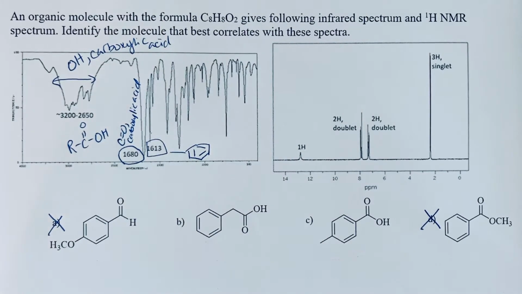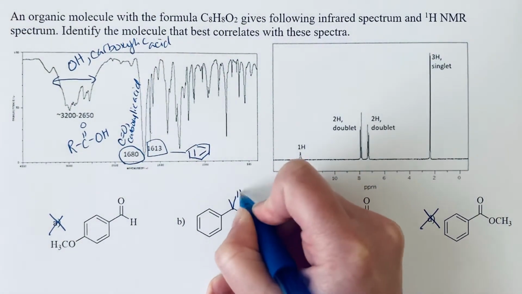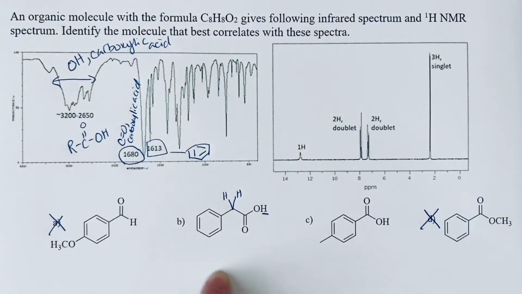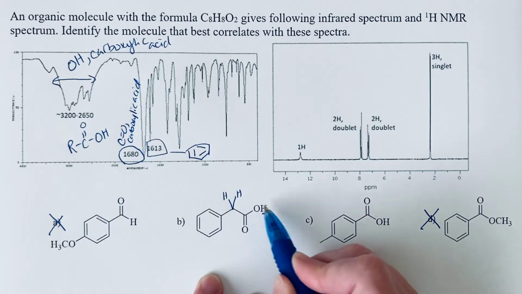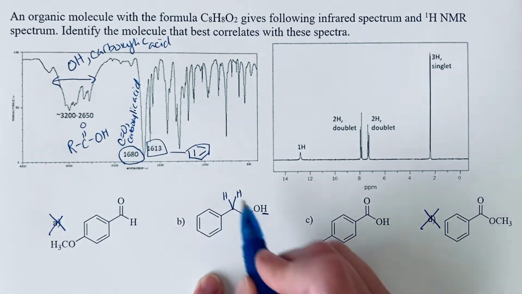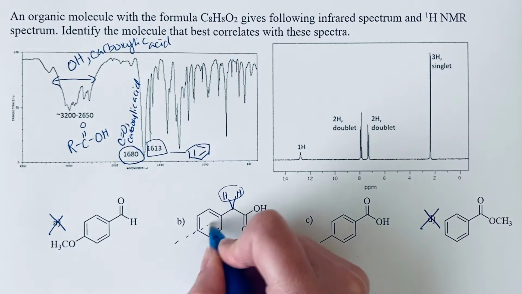identify here. So we could start with some very basic pieces of information, such as the number of signals. So if we were to look at this first carboxylic acid and predict how many signals we would expect to see, we would have one for that carboxylic acid. You'd expect to see this CH2 as another signal. And then you've got a plane of symmetry in your benzene ring.